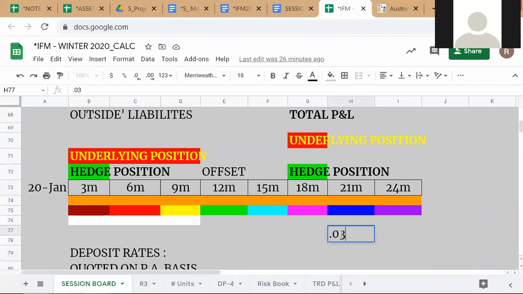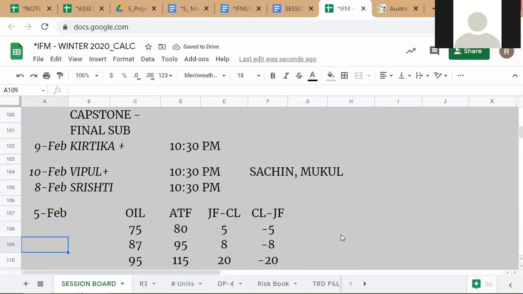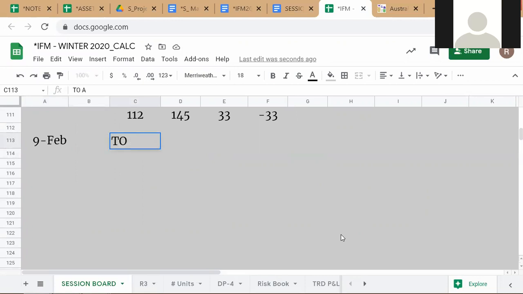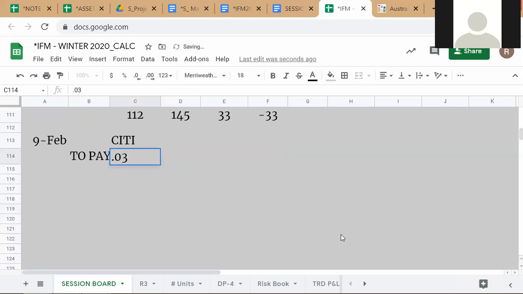First transaction, this is 2.9. Citi has to pay 3%. No, Citi doesn't have to pay 3%, it's Apple that has to pay 3%.